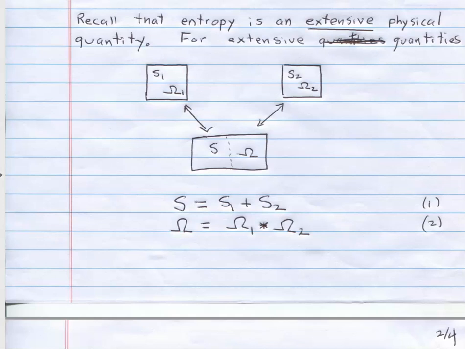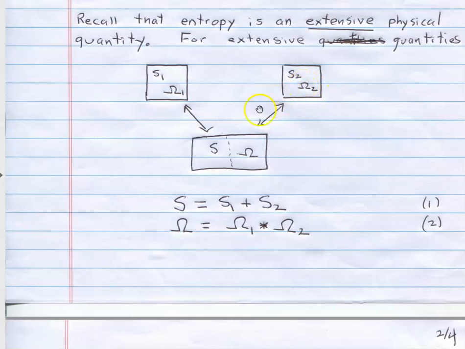We can quantify those in this context, particularly in terms of the entropy. I'll look at two systems: system one and system two. System one has entropy S1 and omega 1 accessible states. System two has entropy S2 and omega 2 accessible states.